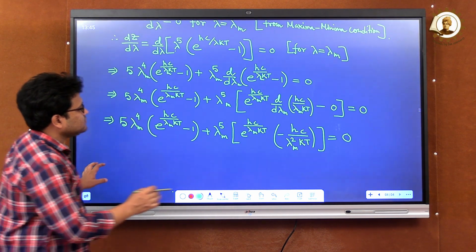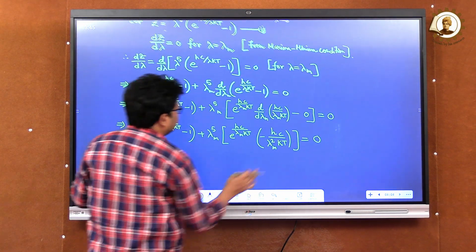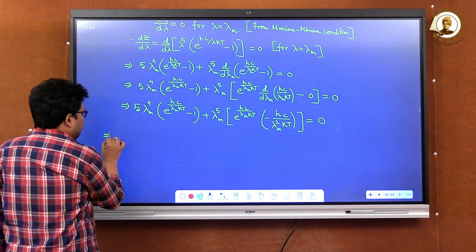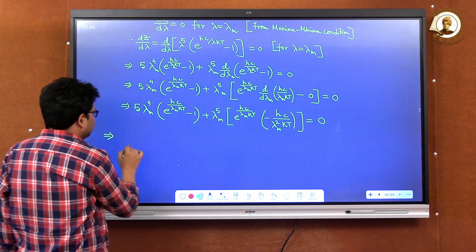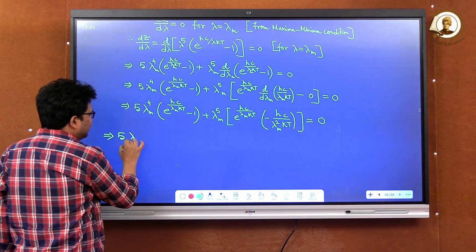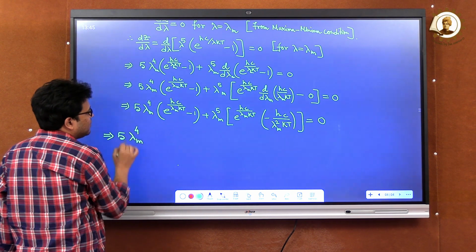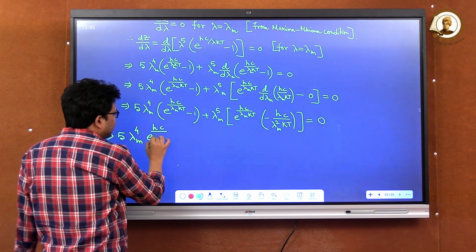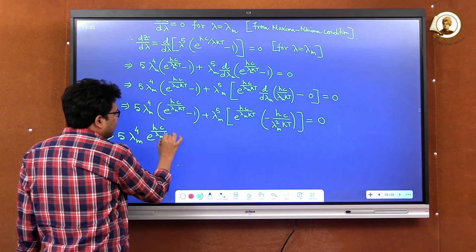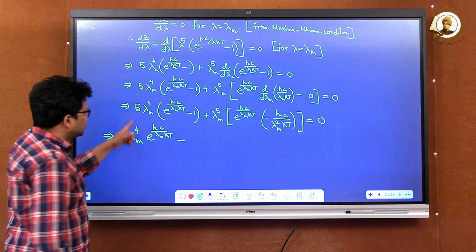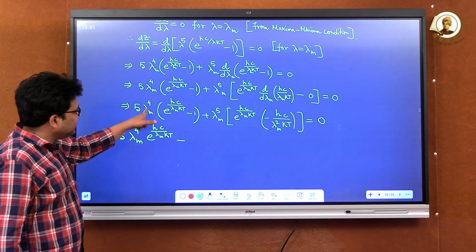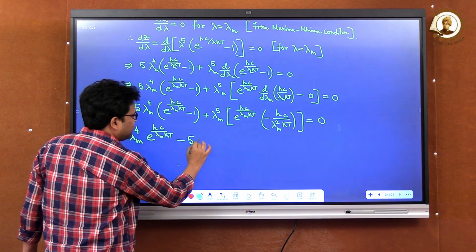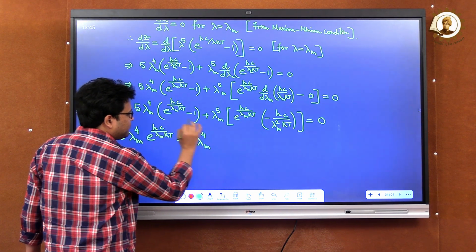Now if we rearrange and simplify, then we have 5 lambda m to the power 4 into e to the power hc by lambda m kt, minus 5 lambda m to the power 4, that is going to multiply with this minus 1, which results in 5 lambda m to the power 4.